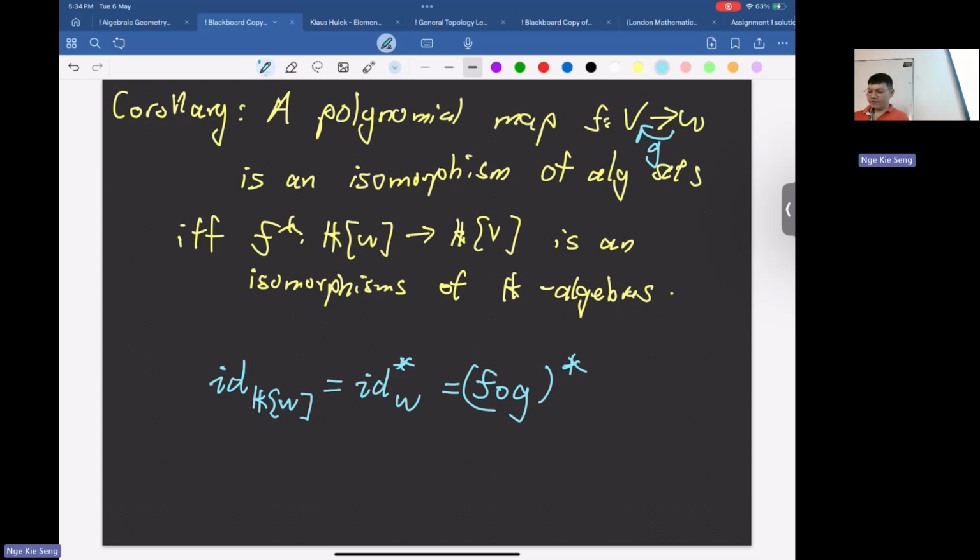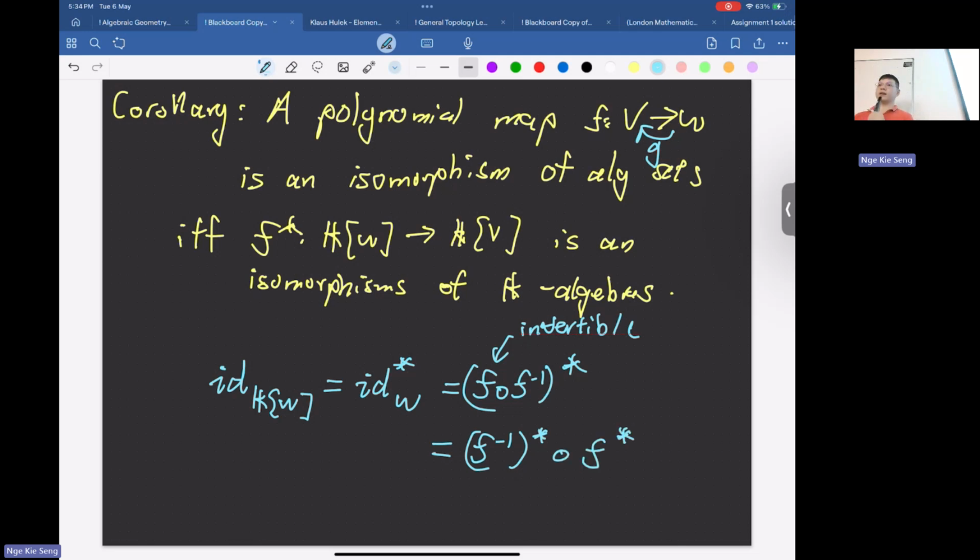Let's say f is invertible. In this case we call g f inverse to save your energy. But what's the pullback of the composite? It's just f inverse dual composed with f dual. This means f dual is also invertible.